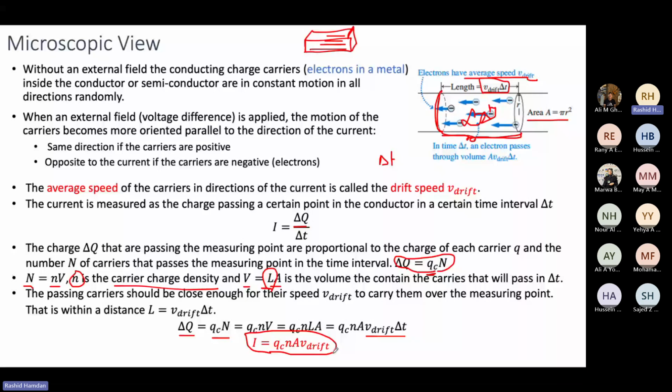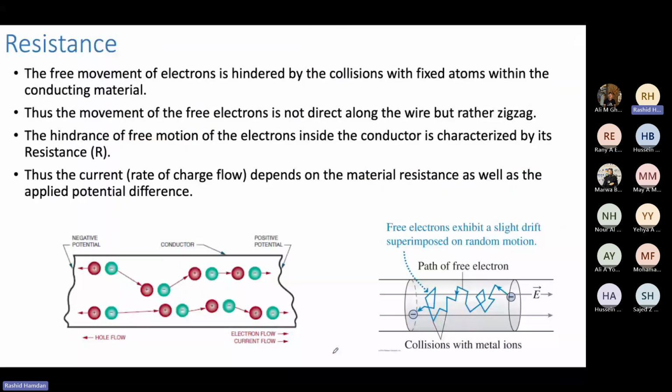Now, as we said, this is not the complete motion of the electrons. There's something I call the free path of electrons. The free path of electrons is how much an electron moves before it actually changes its direction randomly due to interacting with something else. So when we apply an electric field in this direction, the electrons are going to move in this direction, but you see how the electron moves: it moves this way, it hits something, it moves this way, it goes back, it moves this way, up, down.